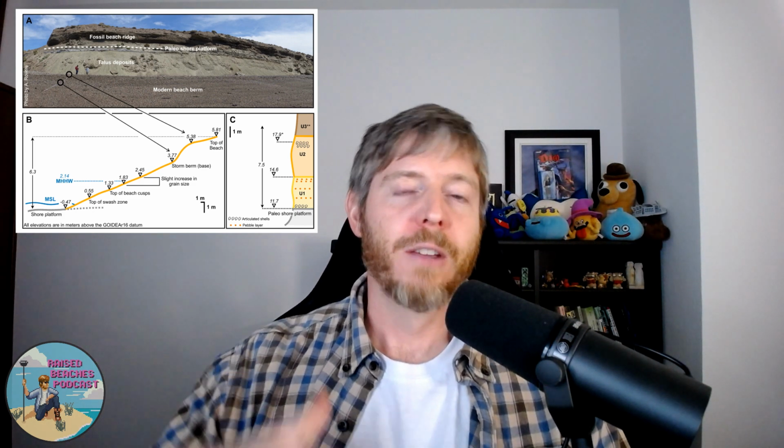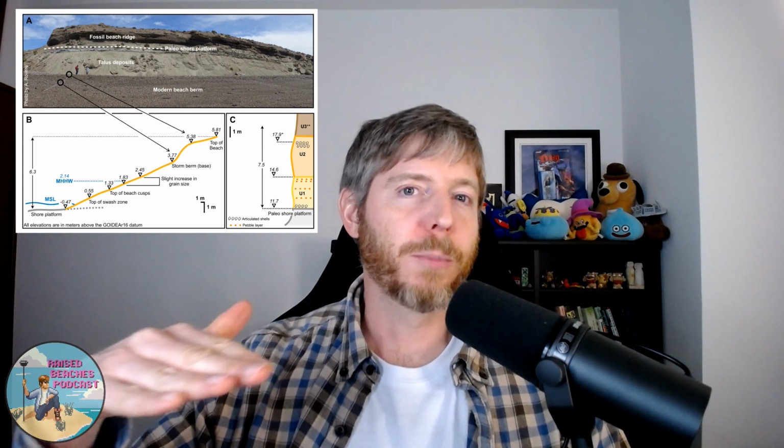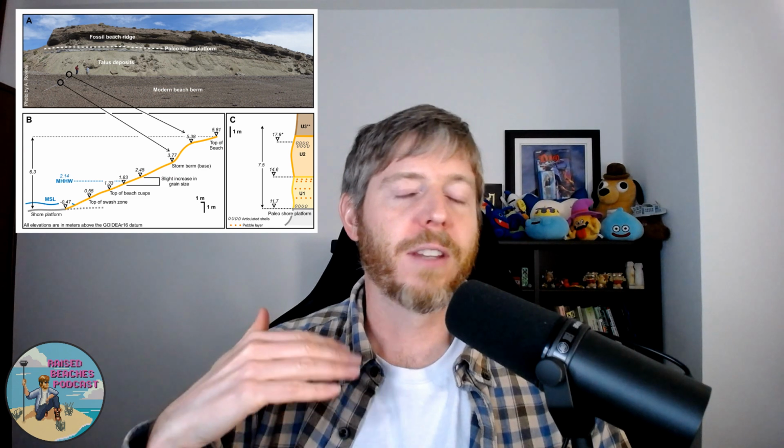So the first thing that Alessio did in this paper is he defined the paleo sea level based on an analog from the present-day beach. So we measured with a GPS the elevation of different features of the beach and found basically where the interface is between the high tide level and where the beach ridge forms, like where the storm waves are depositing the material.